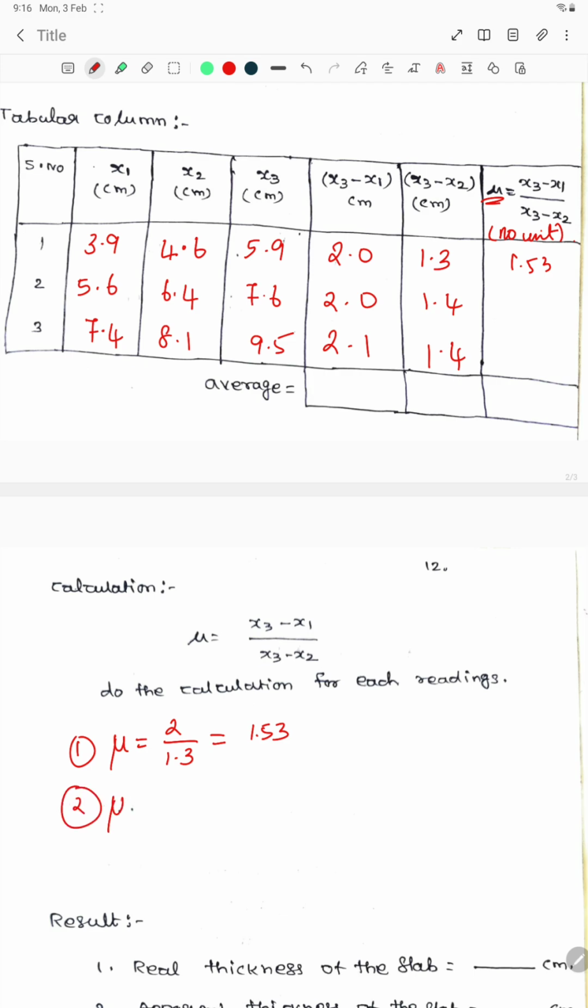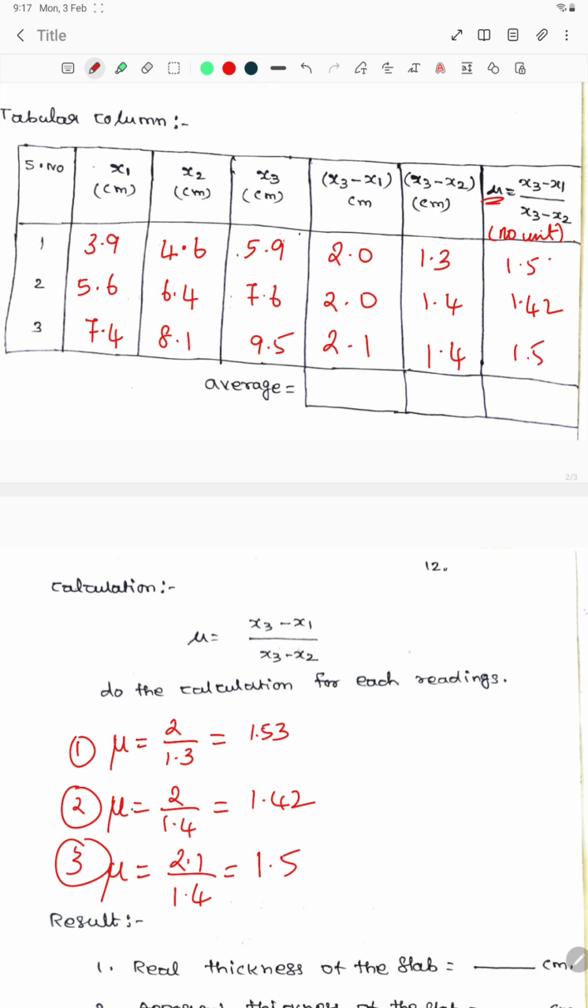For the second reading, mu is equal to 2 divided by 1.4, which is 1.42. So here I will write 1.42. For the third reading, mu is 2.1 divided by 1.4, which is equal to 1.5. So here I will write 1.5.